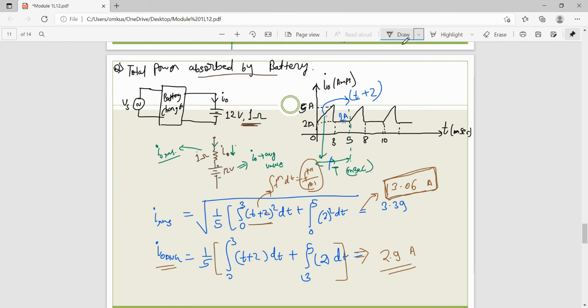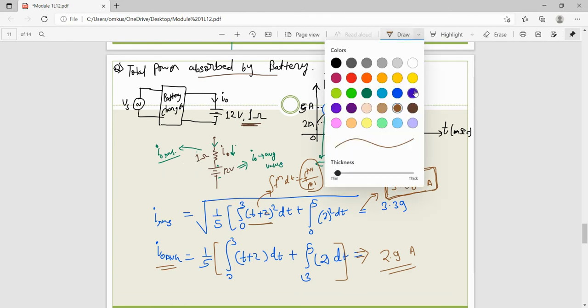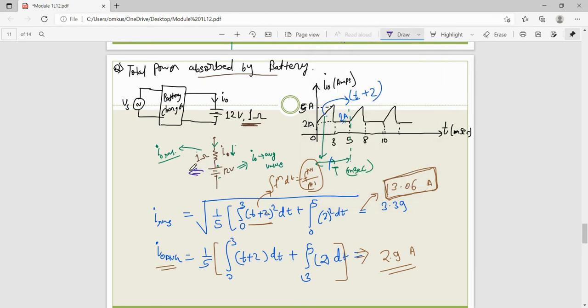What is the power loss here? Once you get this answer, what is the power loss, or you can say power absorbed? For this resistance, what is the power? I square R, right. For this battery, what is the power loss?